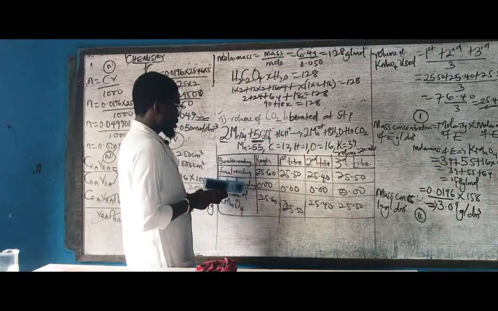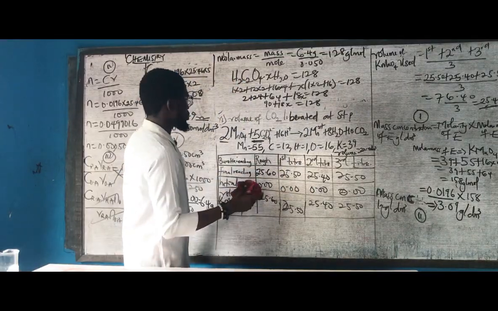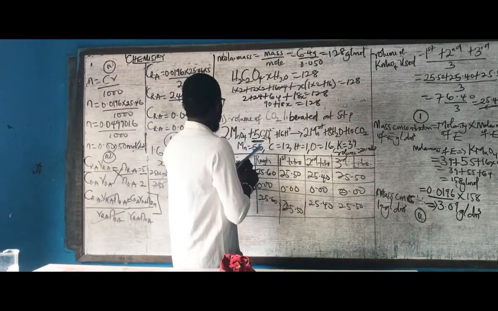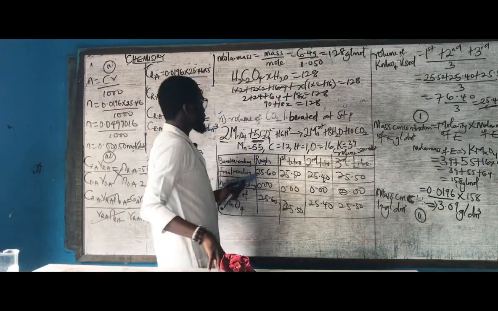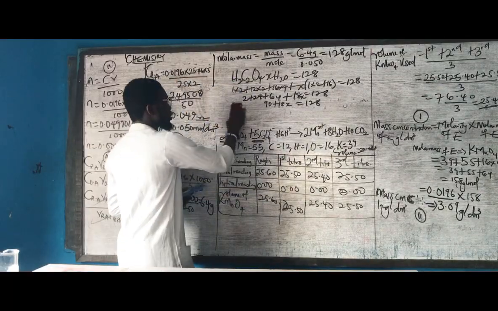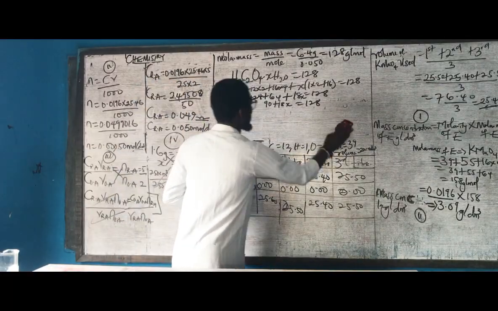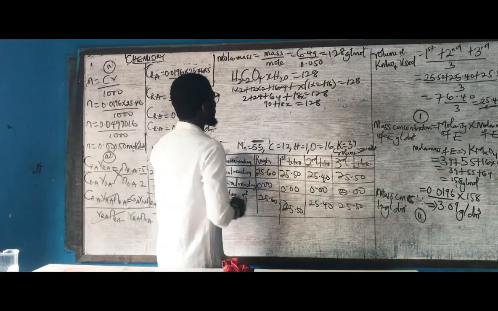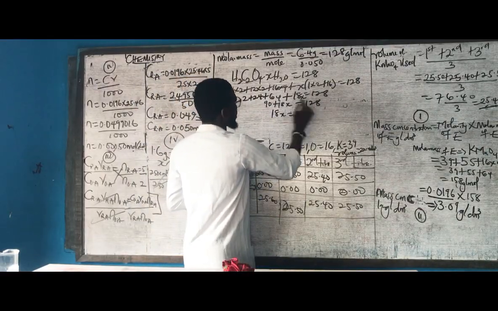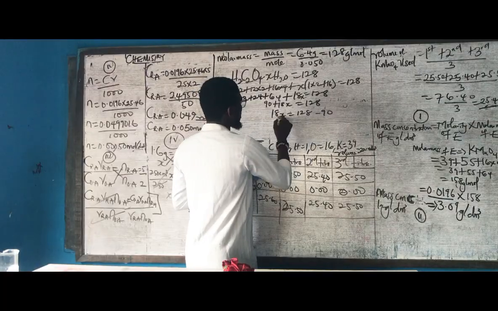The next one is the volume of CO2 liberated at STP. Please take note of that. So we have 18x is equal to 128 minus 90.